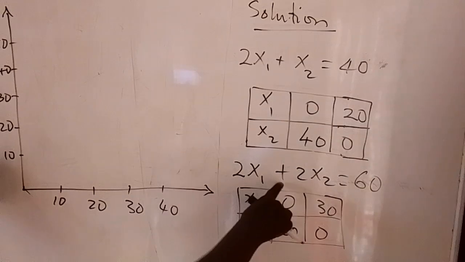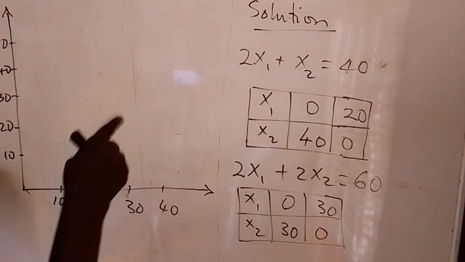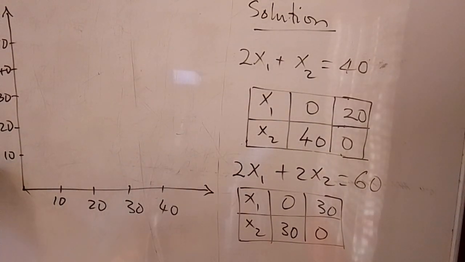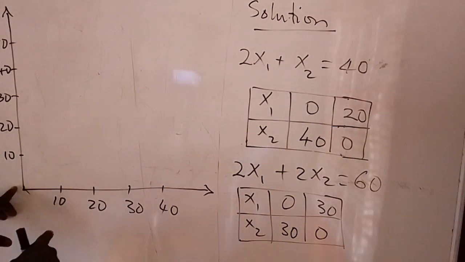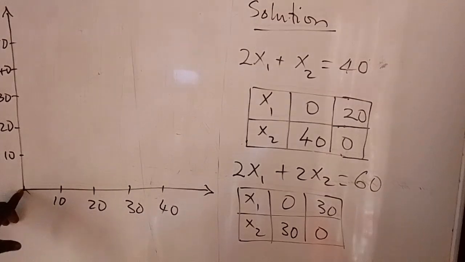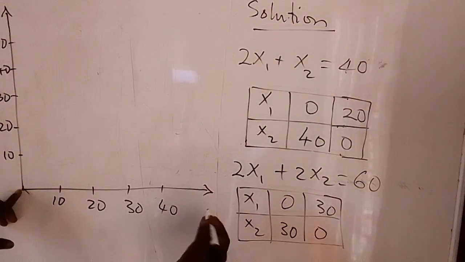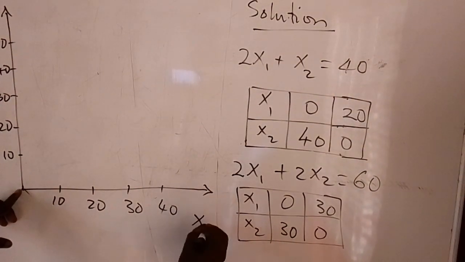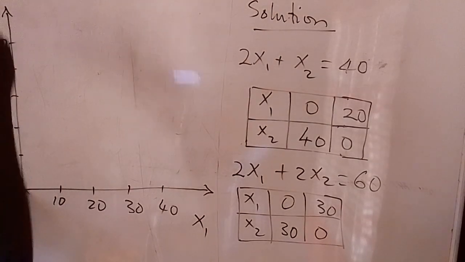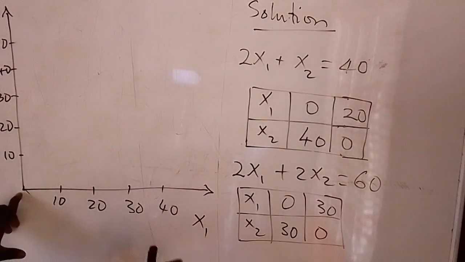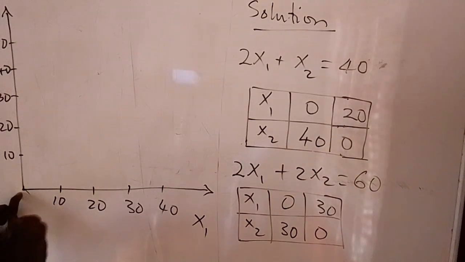Now for equation 1, we have 2x1 plus x2 is equal to 40. When x1 is equal to 0, x2 is equal to 40.